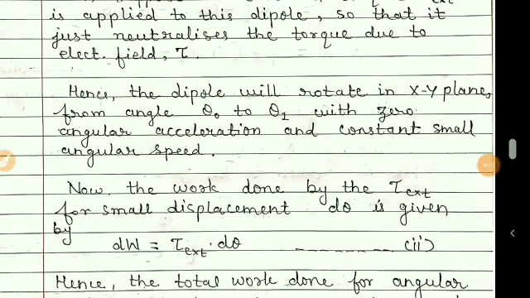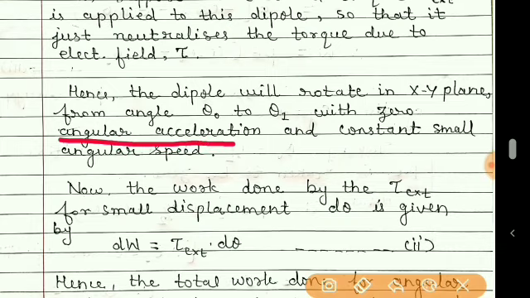Now here we have to rotate this dipole in such a way that its angular acceleration is 0, and as the acceleration is 0, its angular speed will remain constant.